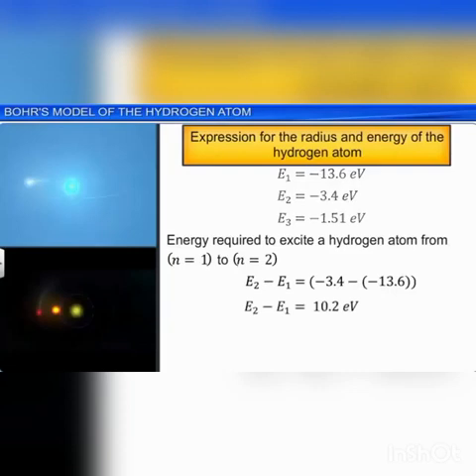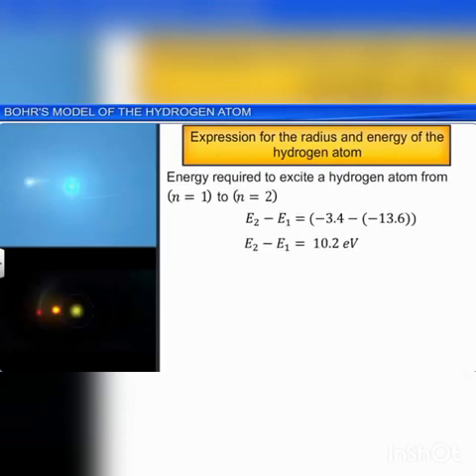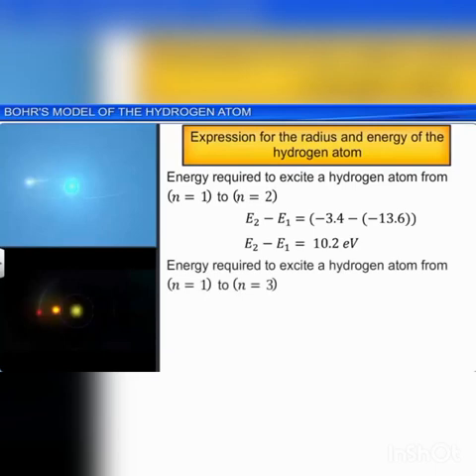Similarly, to excite a hydrogen atom from the ground state where n is equal to 1 to its second excited state where n is equal to 3, the energy required is E3 minus E1. This is equal to minus 1.51 minus minus 13.6, which is equal to 12.09 electron volts.